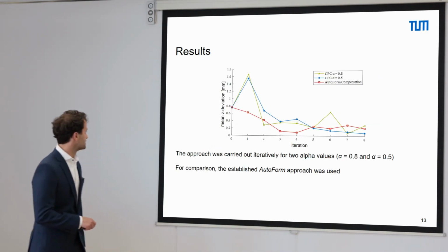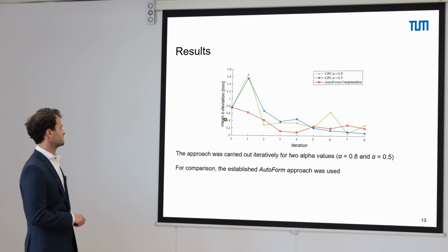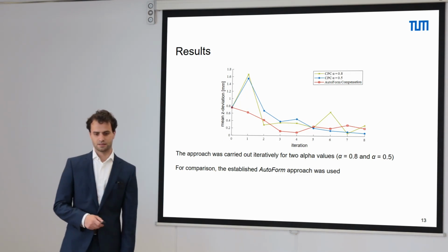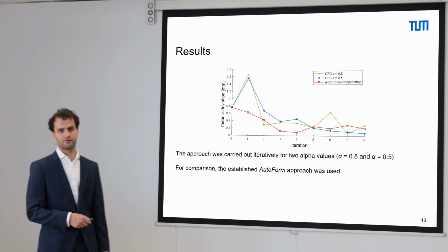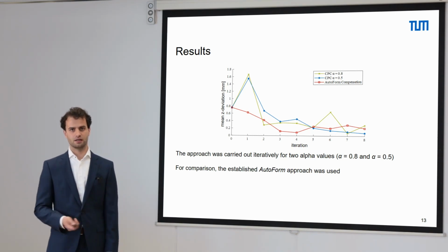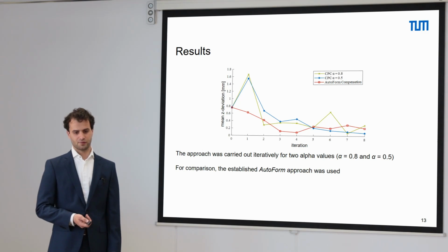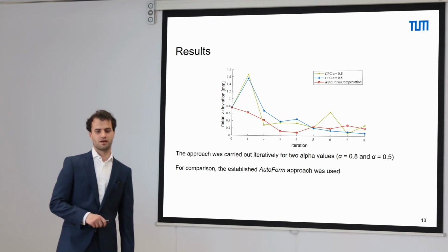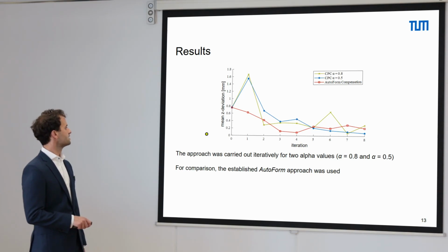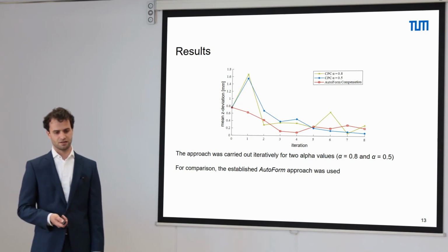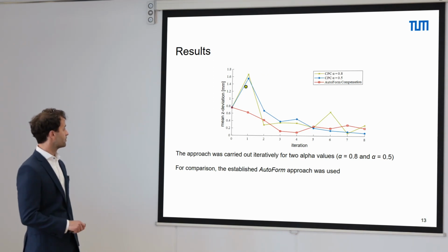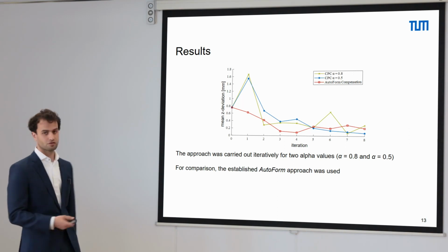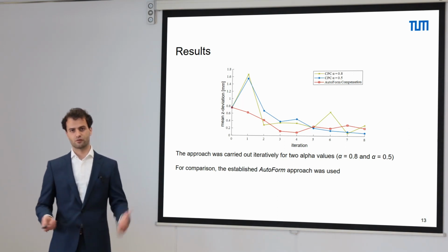So here you can see the mean deviation in Z and the iterations for our control point compensation with an alpha equal to 0.8 and an alpha equal to 0.5, as well as, shown in red, the AutoForm compensation method. Here you can see that with AutoForm, within 4 iterations, we reach a minimum deviation in the Z direction. Meanwhile, within the first iteration of our control point compensation method, we increase the problem a lot.